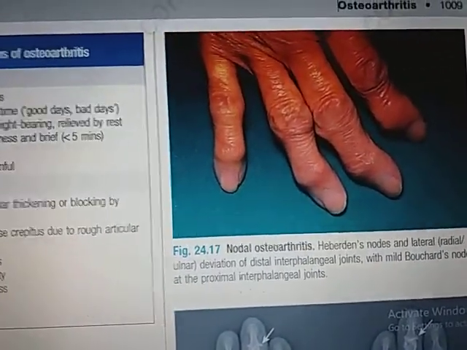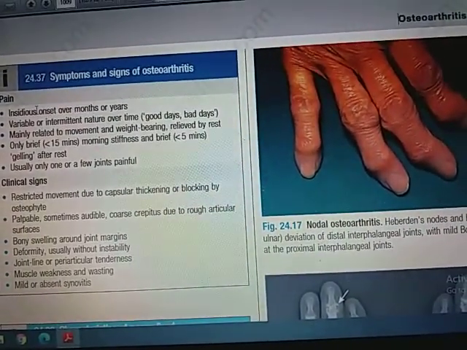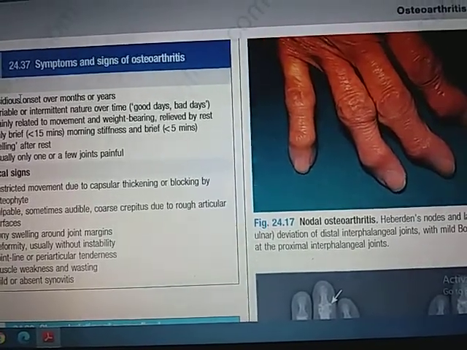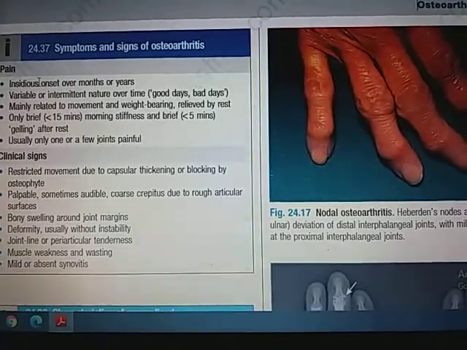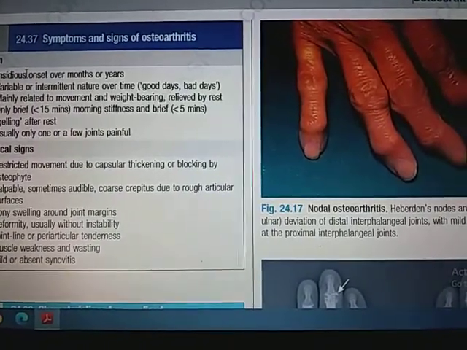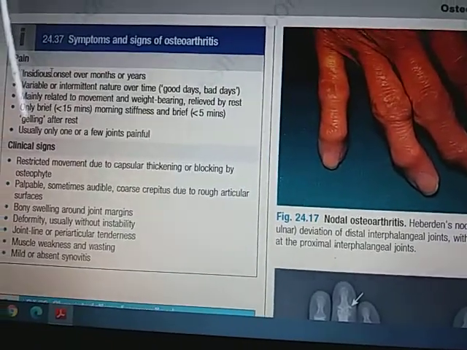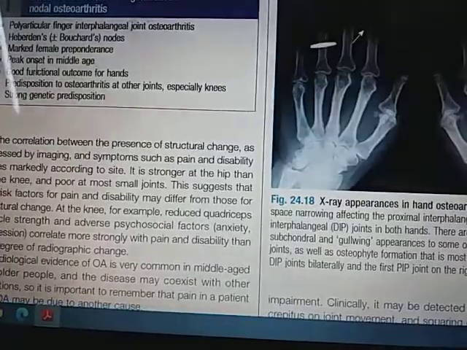Deformity in the knee is of the varus type, genu varus. There will be nearby muscle wasting, for example, quadriceps muscle wasting in advanced OA of the knee.